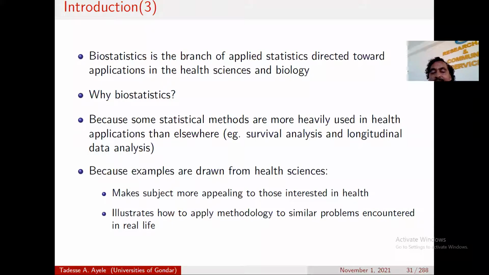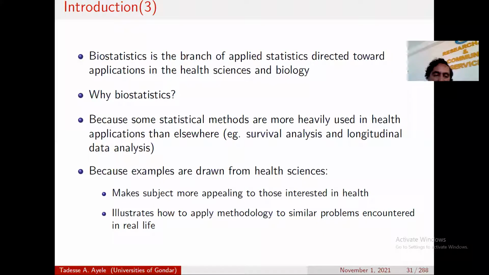Then why biostatistics? It's because most of the methodologies are related to health, like survival analysis, longitudinal data analysis. These are relying on real life data. Biostatistics: bio stands for real life or life science.